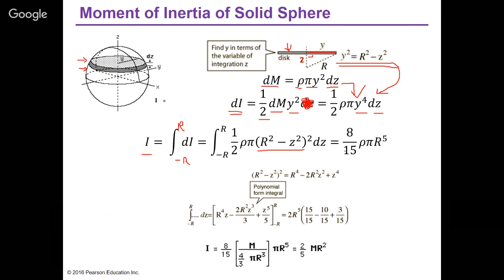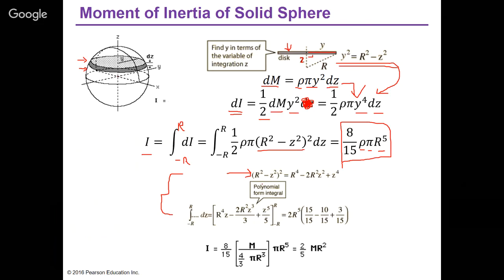By integrating this out, that will give you 8 divided by 15 times the density times pi times the outer radius raised to the fifth power. Here's a short derivation that you can go through to arrive at this answer.